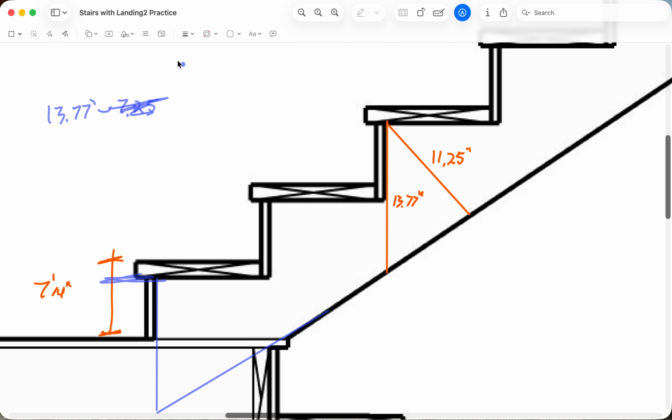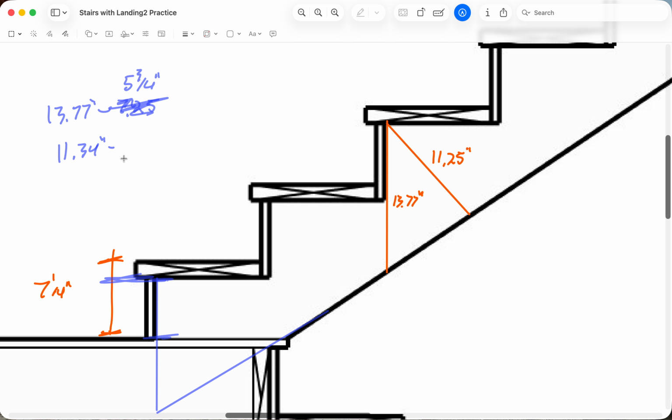So not 7.25, but we'll take 1.5 inches off, and we end up with 6 1/4. No, 5 3/4. Sorry, 5 3/4 inches. Okay, so that's the height from underside of tread to the floor. Okay, so what we end up with is 11.34 inches when we subtract 5 3/4 off.